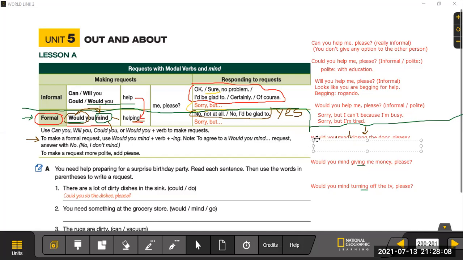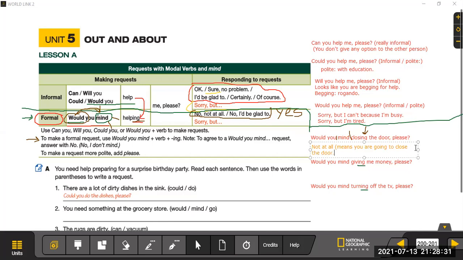For example, I am going to write some examples here. Would you mind closing the door, please? Not at all. Not at all means you are going to close the door.